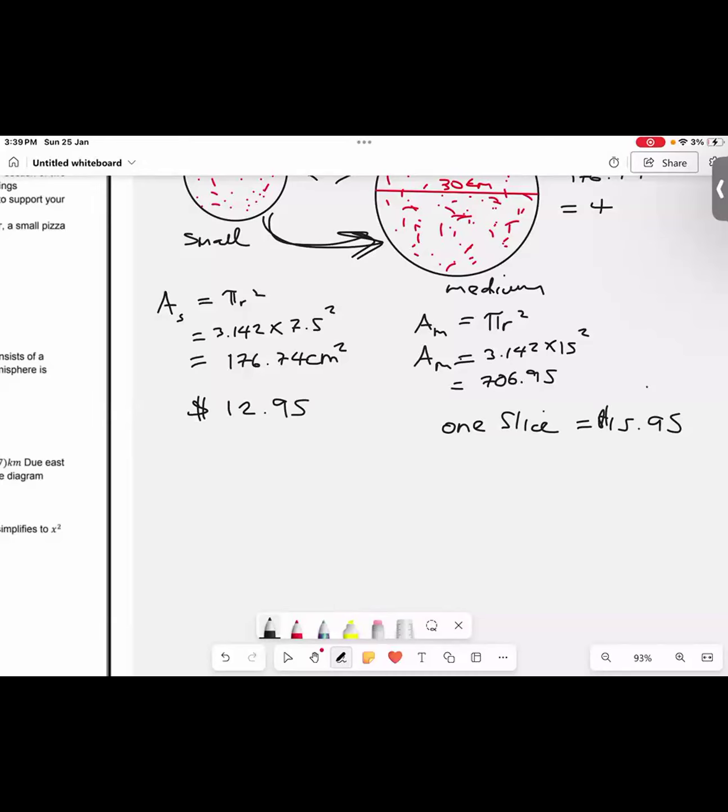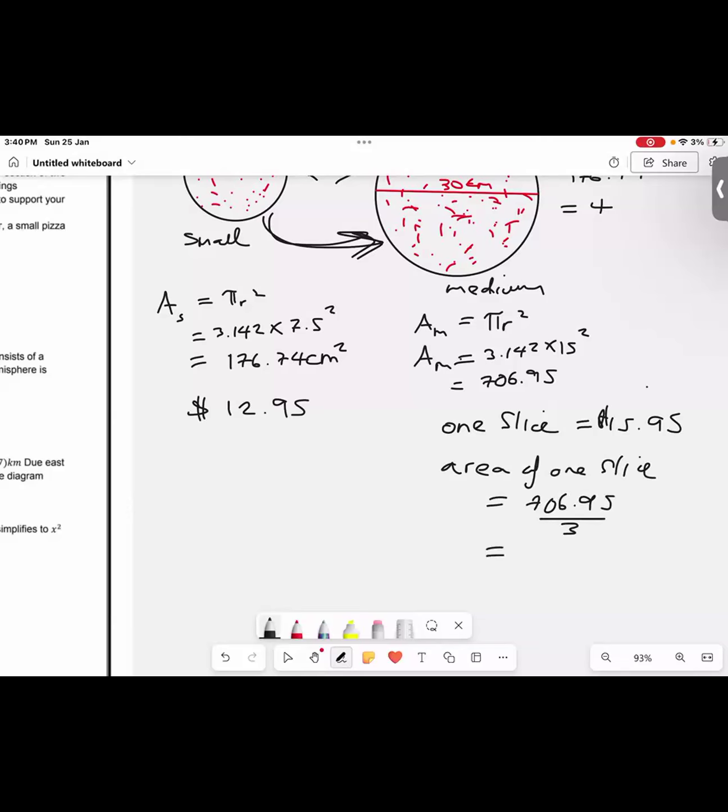Now, if one slice is $15.95, we need to find the area of one slice, because we already know the area of the large pizza. So the area of one slice is equal to 706.95 divided by 3.